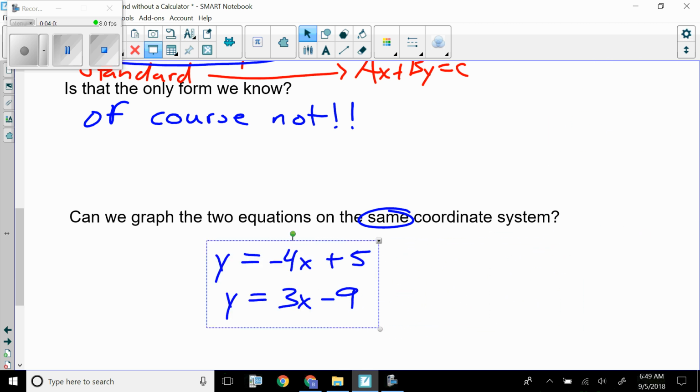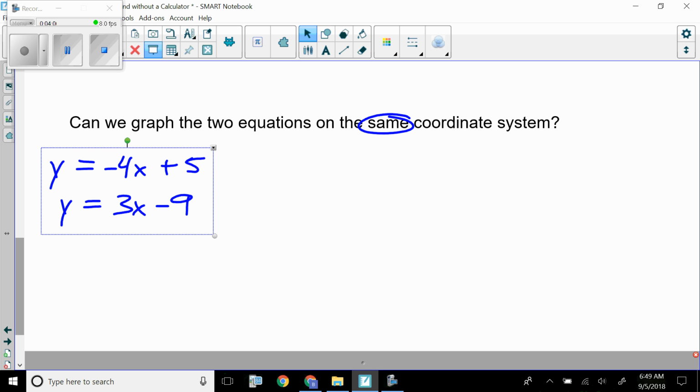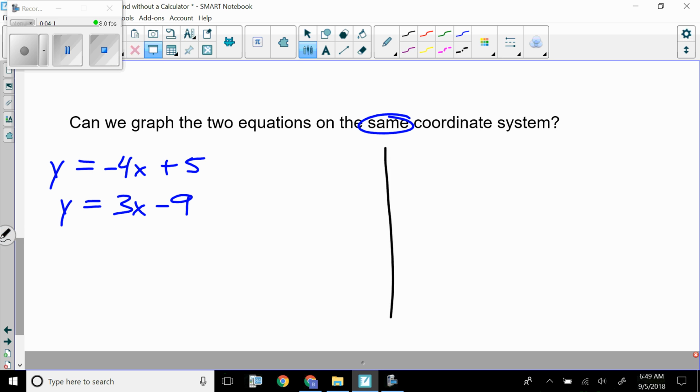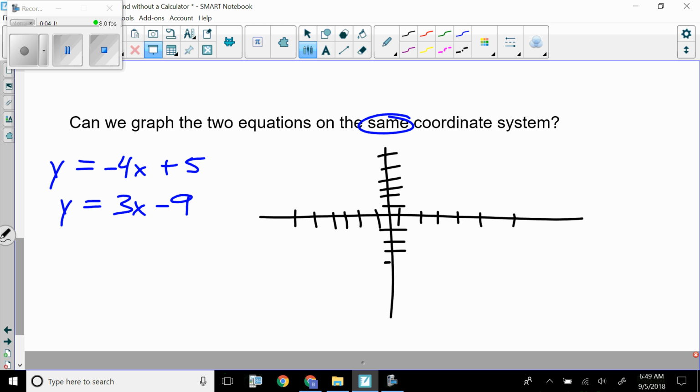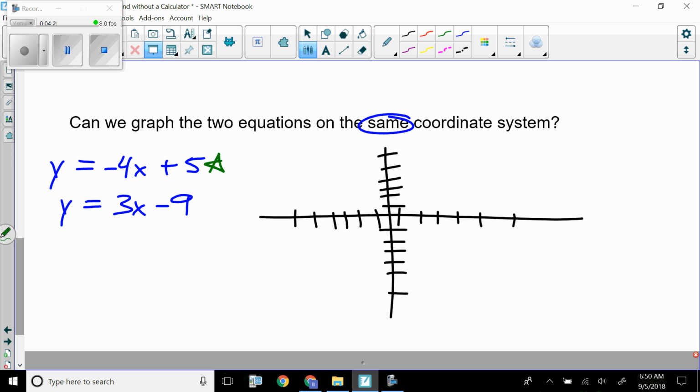So I have this system right here, and I want to graph it on the same coordinate system. Well, I better make an xy there. And let's try to graph, I'll try a couple different colors here. I'll do this one here in green.